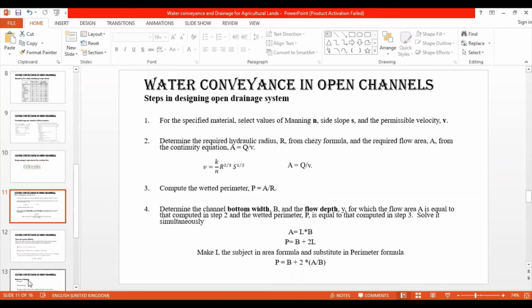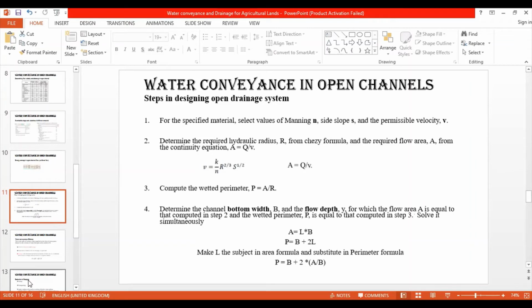So remember that when we're designing an open channel, the thing that we want is to get the geometry right, meaning the shape of the channel, so that we deliver the right amount of water to our farm. Then also we need to know what materials to use to line our channel so that we reduce the friction that is occurring on the surface.